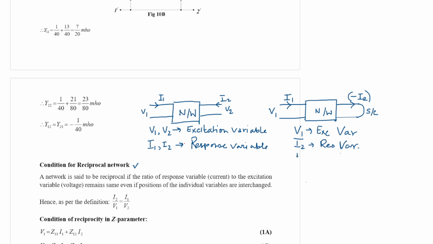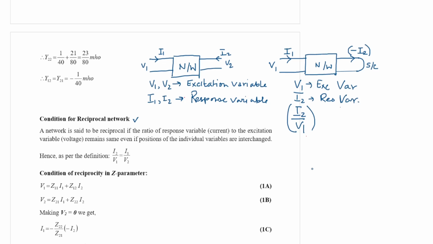Okay, so we take the ratio, that is the response variable towards the excitation variable. And if we do the same thing reversely, that means if we have the same network, now if we excite that network from the output side, that means we are giving a voltage of V2 that injects a current I2.